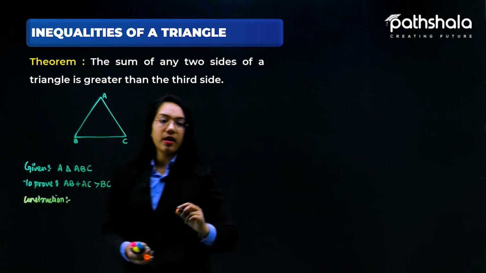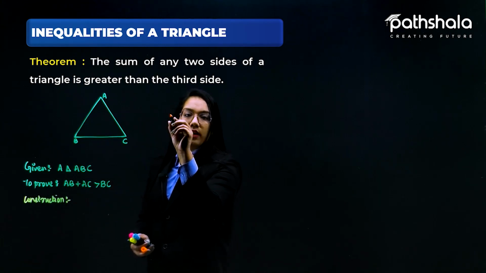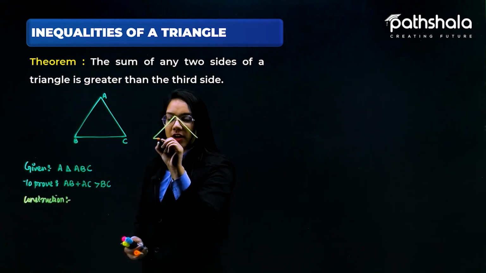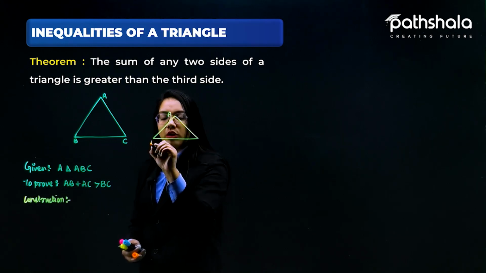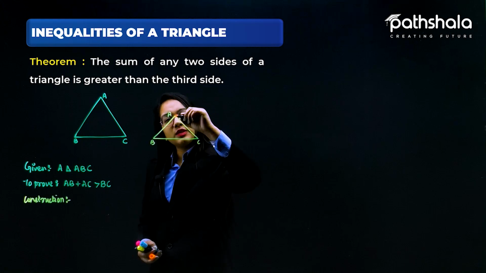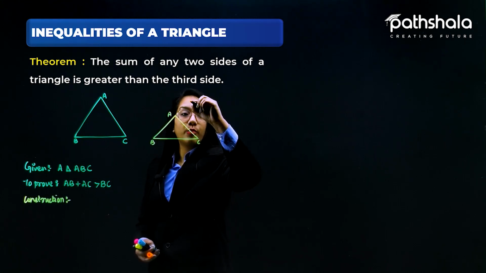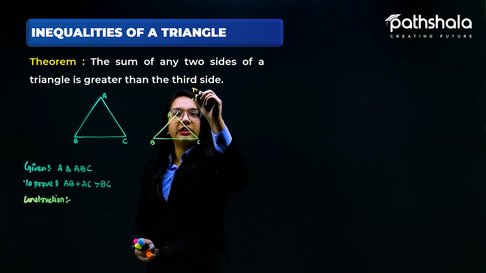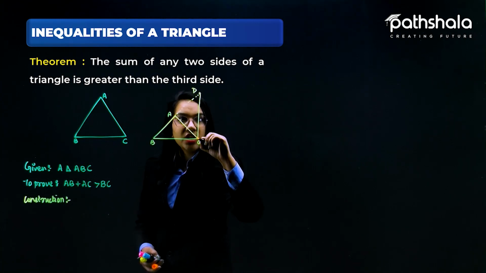Let us suppose I draw this triangle again in a smaller manner, such that I extend BA towards a point D, and I join DC.